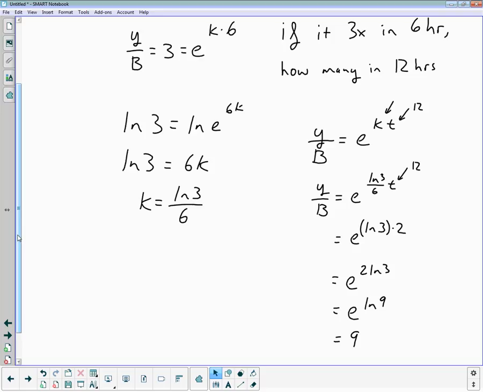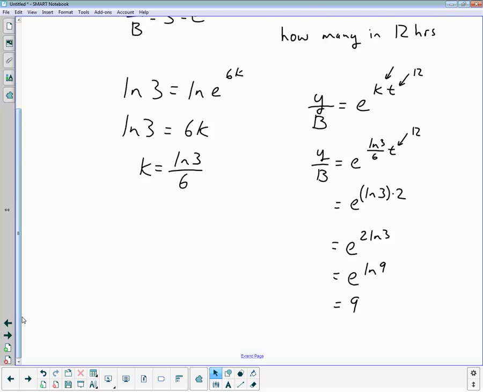Now, for a moment, this should make sense. For every one thing, it triples in 6 hours. Okay? So let's see if we can visualize this graphically. At t equals 0, I have one thing, right? What are we talking about? Bacteria. I've got one of bacteria.